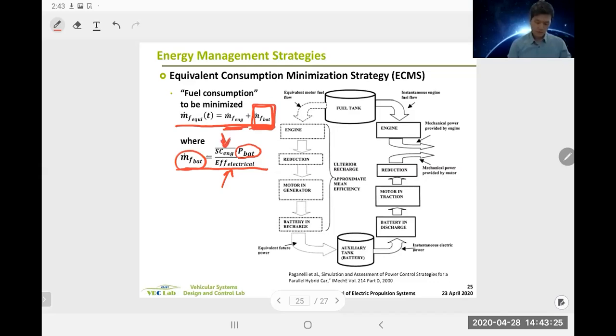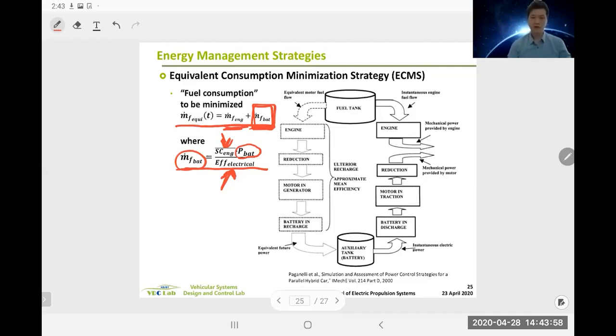This term represents a conversion coefficient, meaning that to refill this power or energy, how much fuel do we need to consume from the engine, right? And this term is just an efficiency term, right? But we can make this different. We can put in different coefficients and make this model more accurate.